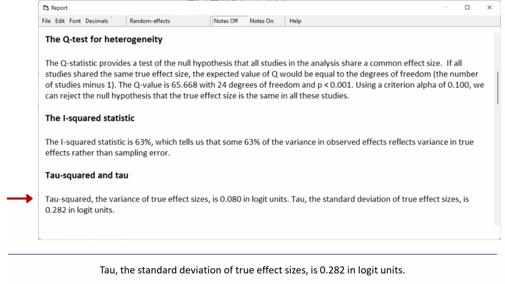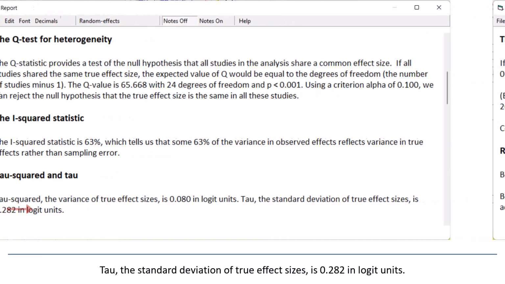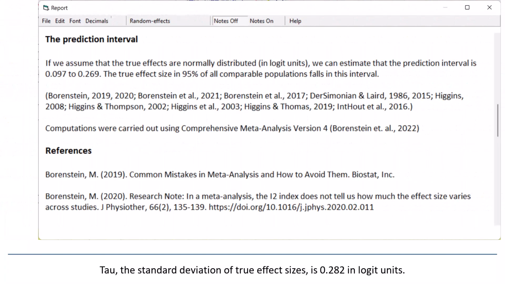Tau, the standard deviation of true effect sizes, is 0.282 in logit units. The prediction interval. If we assume that the true effects are normally distributed in logit units, we can estimate that the prediction interval is 0.097 to 0.269. The true effect size in 95% of all comparable populations falls in this interval.